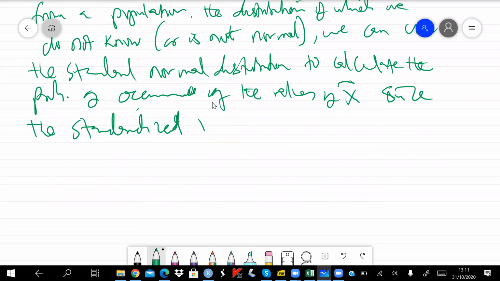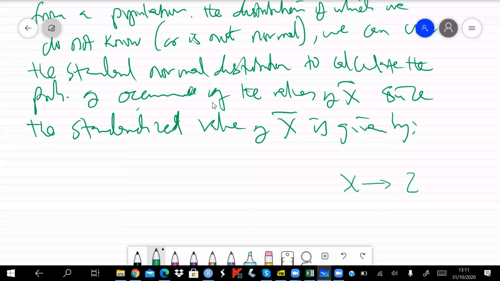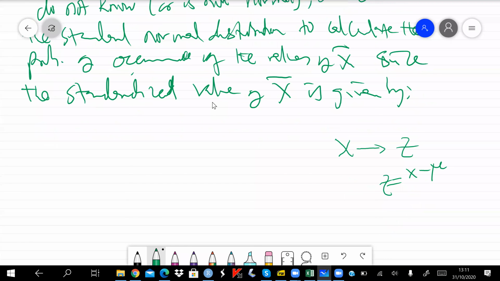The standardized value of x bar is given by... I want you to recall the standardized value of x, which we're calling z, given by x minus mu over the standard deviation of x. In a similar way, we define the standardized value of x bar, which will be z again.